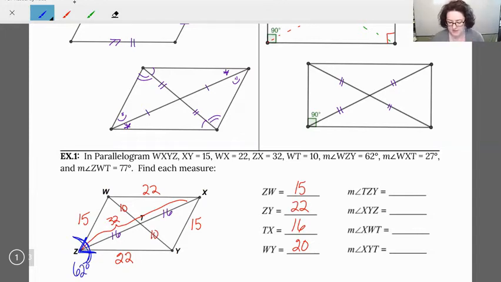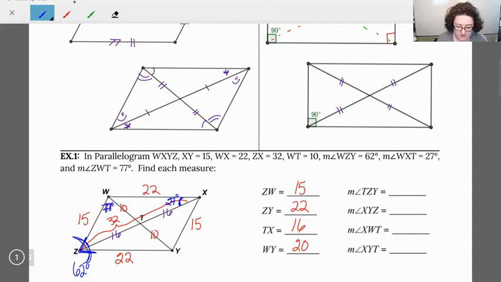Okay, we also know that WXT, again, trace through the points, the vertices. WXT is 27, so WXT, this little guy, the top portion of the top right angle, is 27 degrees. And we know that ZWT, on the top left, it's the bottom portion, that's 77 degrees.